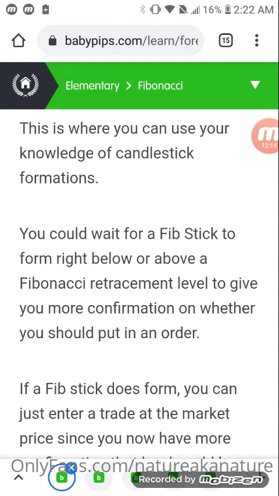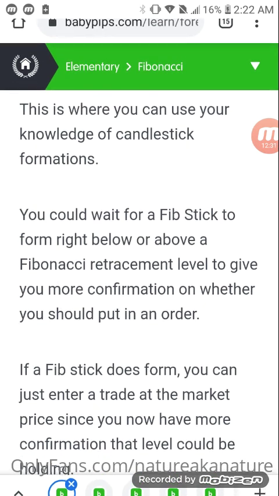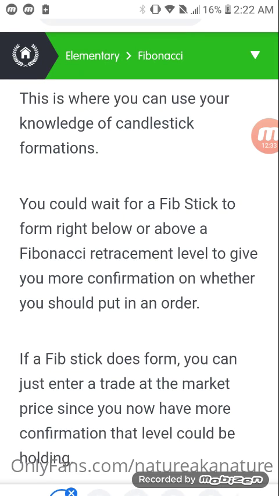So look at the candlesticks and all the formations, whether they're double or triple candlestick patterns, or single candlestick patterns. Look at everything to get a better confirmation on whether you should put in an order.